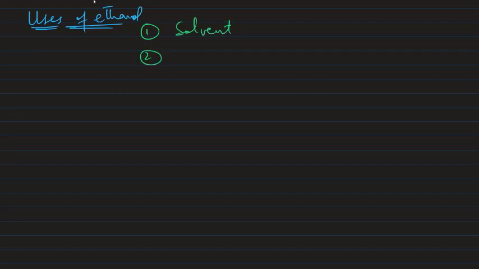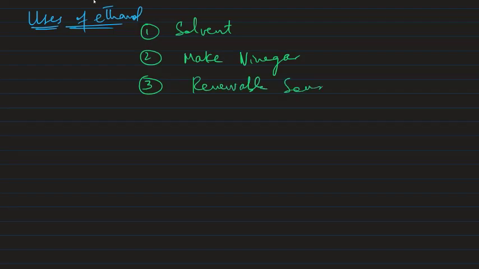Number 2, it is used to make vinegar. And number 3, it is used as a renewable source of energy, or renewable fuel. So these are the 3 uses.